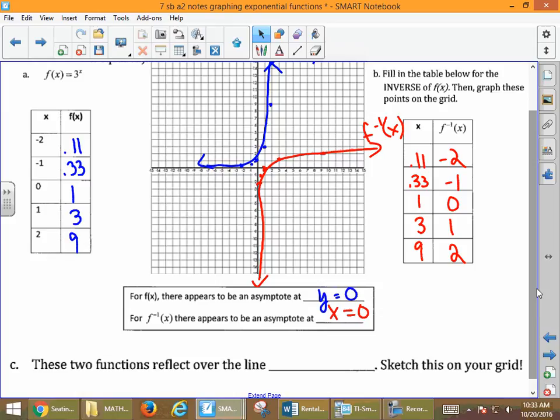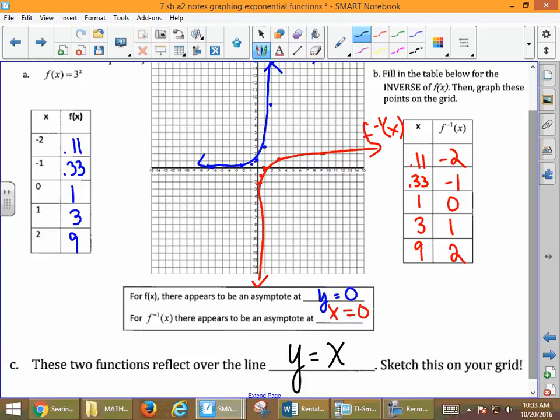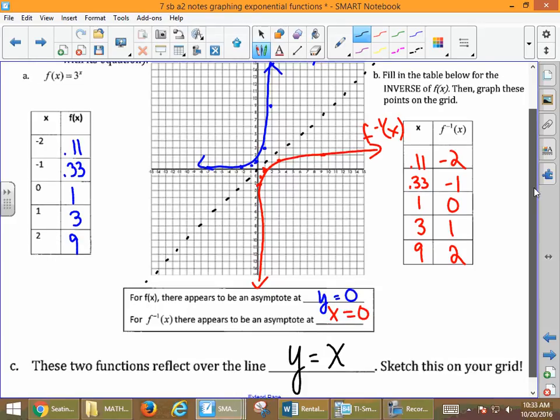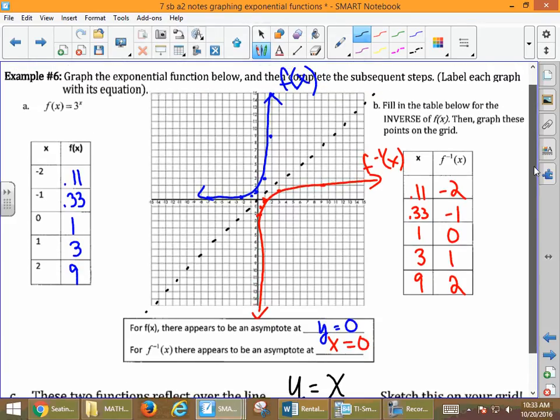Well, if you look above, it's still going to be y equals x. Again, y equals x, even though my line is a slight bit off. It goes from the lower left-hand corner to the upper right-hand corner through 0, 0. It's a slope of 1 over 1 with the y-intercept of 0.